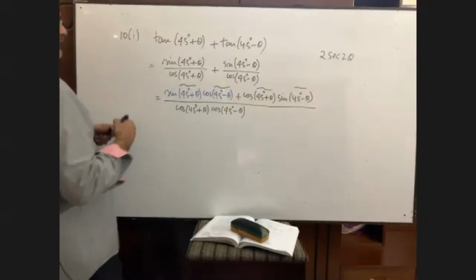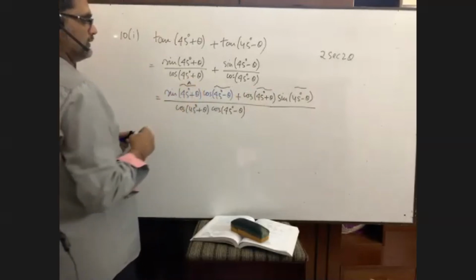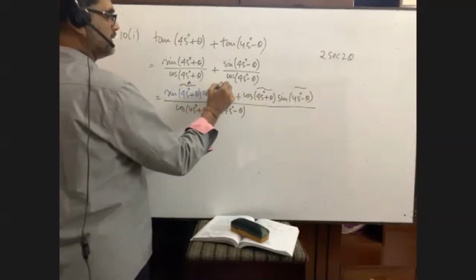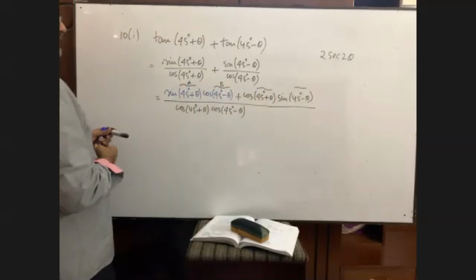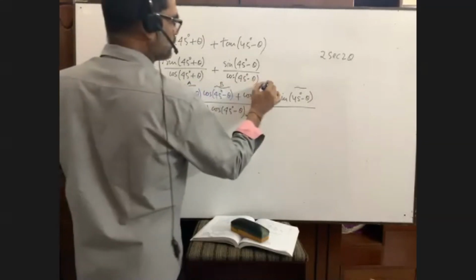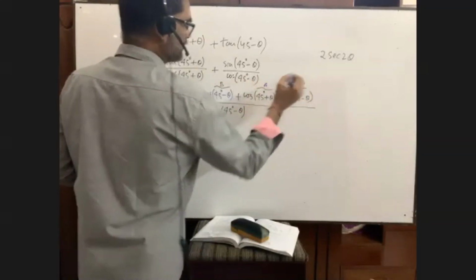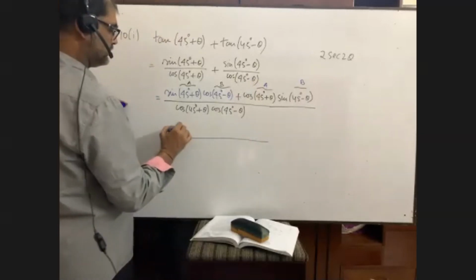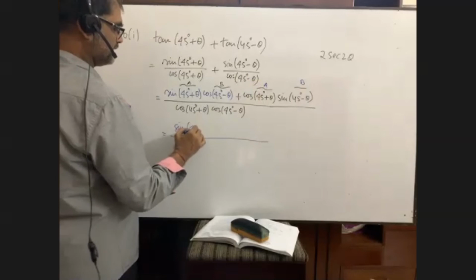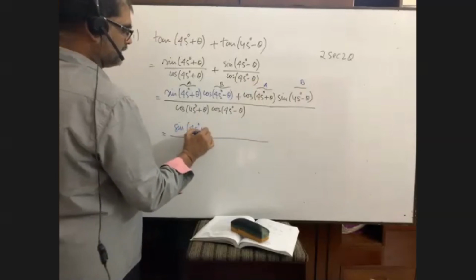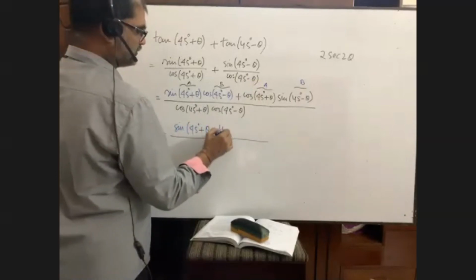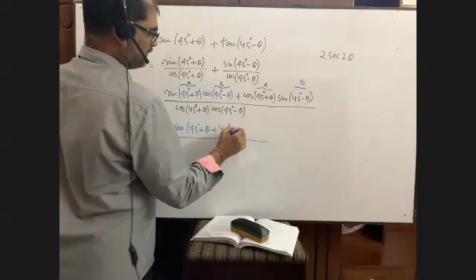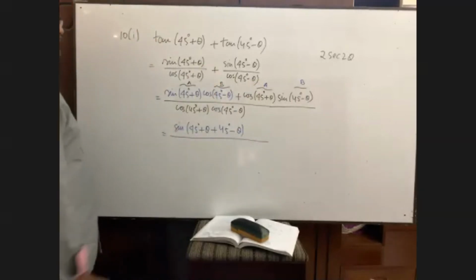You see, this is a, this is b. What is the formula? Sine of a plus b. This is a plus this is b. Sine of a plus b, I have written.